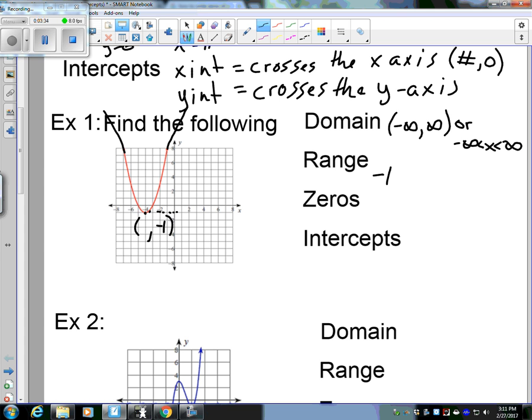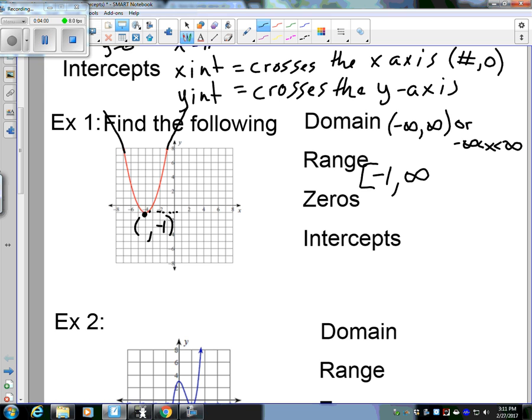Because it's an actual point coordinate at -1, if you're going to use interval notation, this is a closed bracket, meaning that it is included in the range. So the lowest point's at -1, and where's the highest point? They keep on going up, up, up forever and ever, so that's infinity.